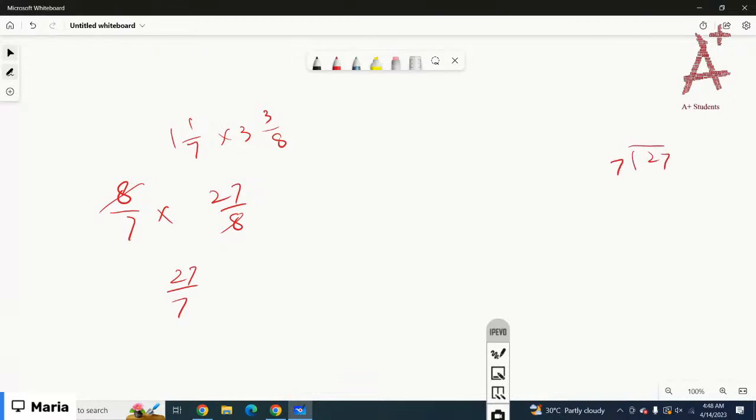7 times 3 is 21. 7 times 4 is 28. We can go for 7 times 3. Here you have 6. So it will be 3 whole 6 over 7. Got it?